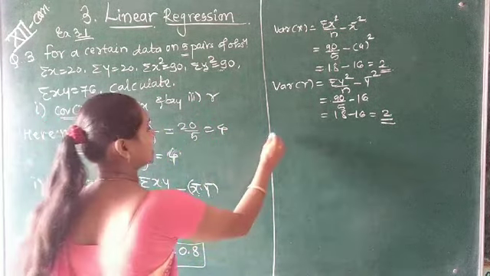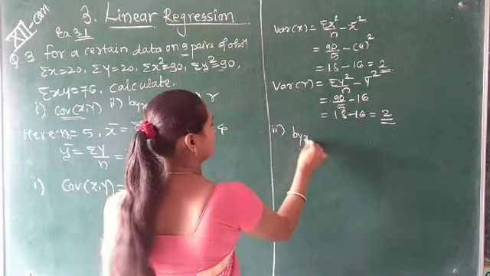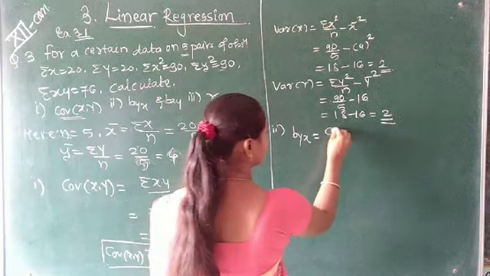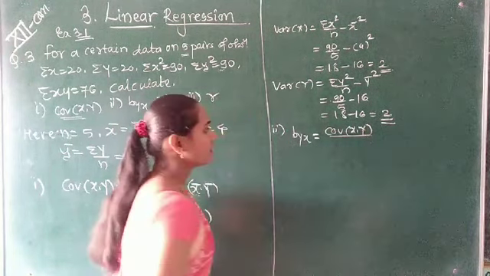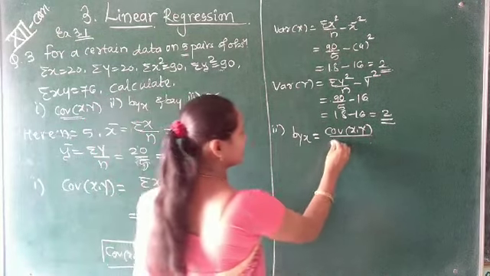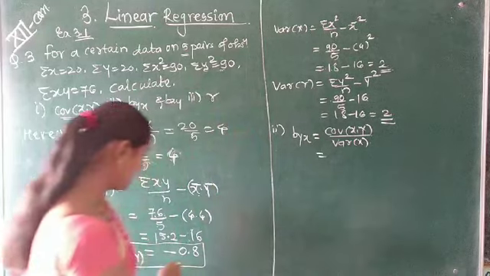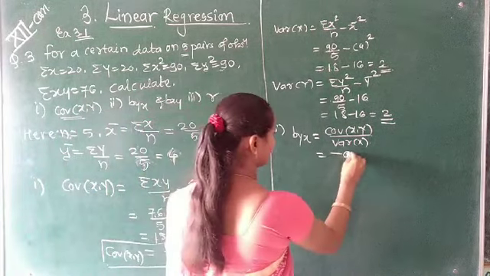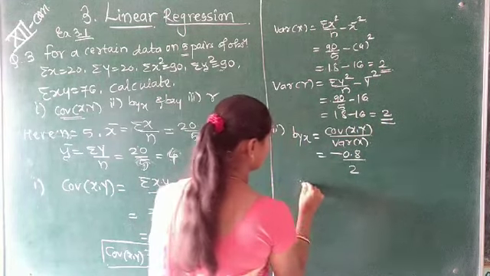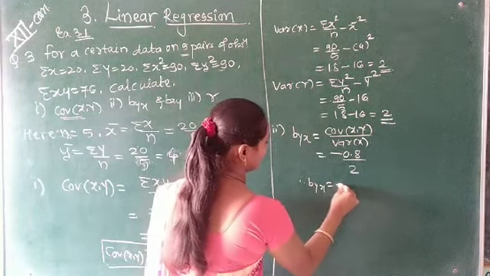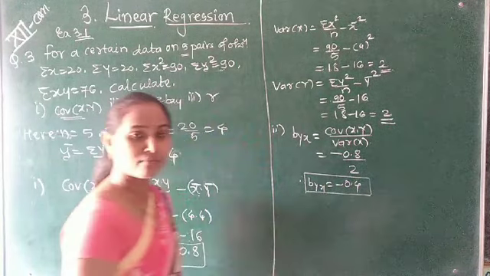Now finding the second quantity, the first one is byx. What is the formula for byx? The regression coefficient of y on x is covariance of xy divided by the variance of x. The covariance of xy is minus 0.8, divided by the variance of x, which is 2. So byx is minus 0.4.